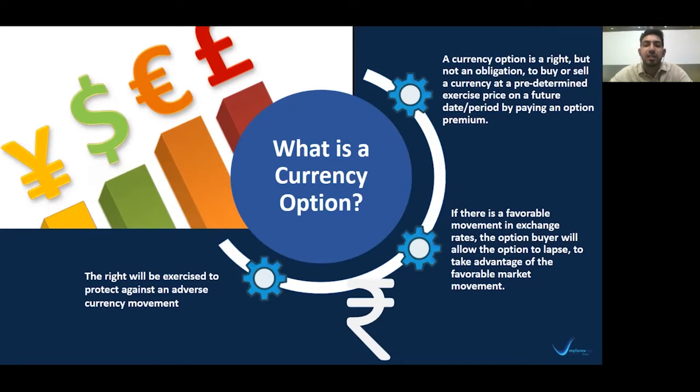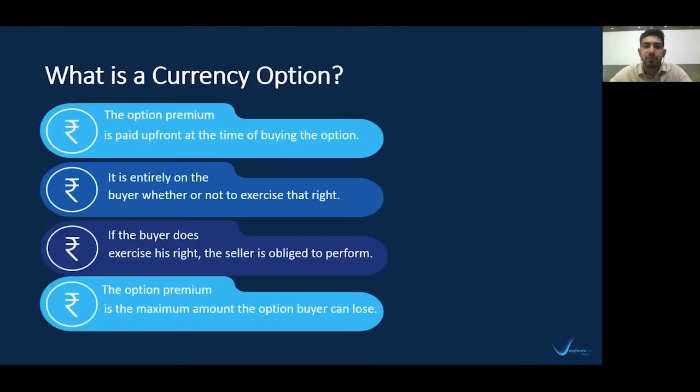Now let's understand in a bit more detail how a currency option works. For entering into a currency option contract, the option buyer has to pay an upfront premium to the option seller. The option buyer pays the premium and transfers the risk to the option seller.